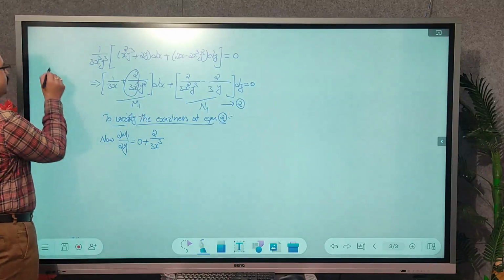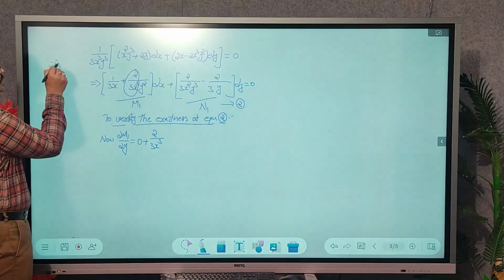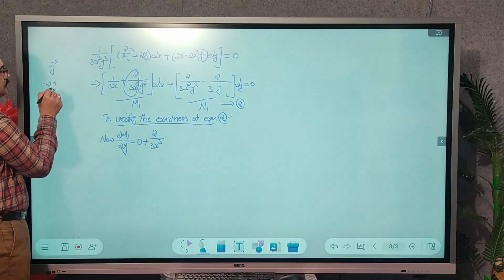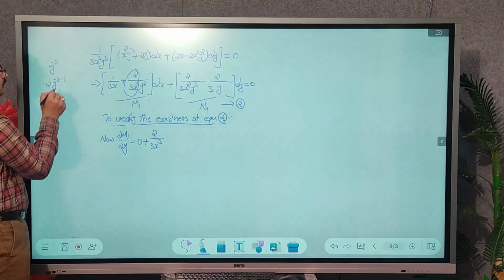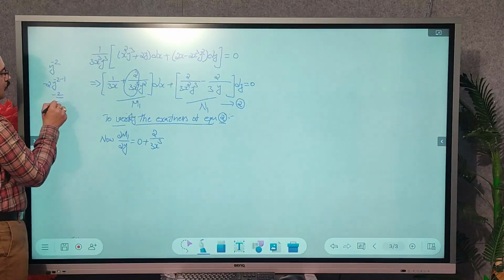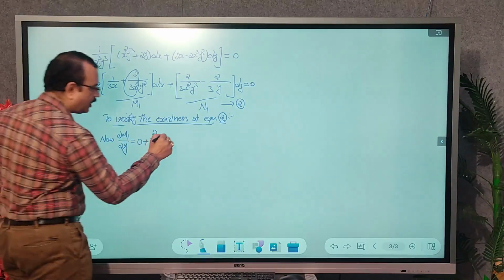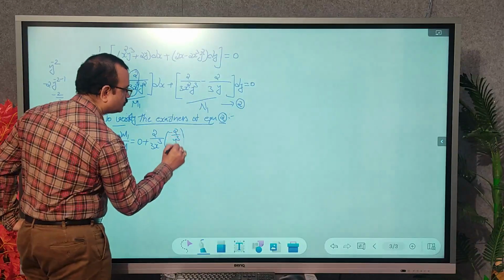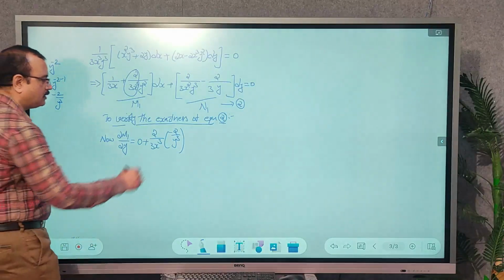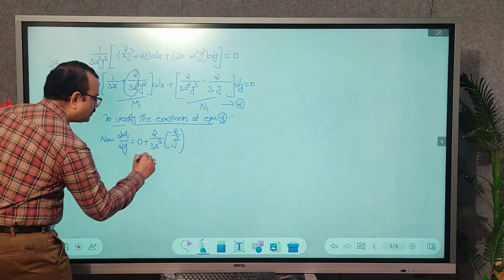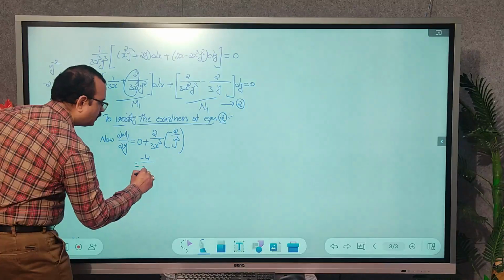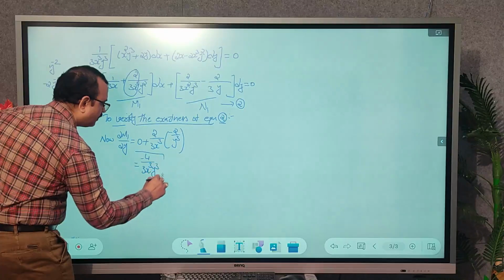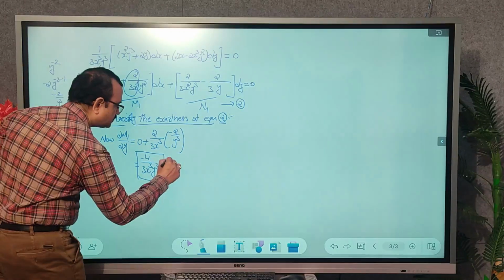What is the derivative of 1 by y square? 1 by y square means y power minus 2, and the derivative of y power minus 2 means minus 2 into y power minus 2 minus 1, in the sense minus 2 by y cube. So that is the derivative of 1 by y square. So here we will get minus 4 by 3 x cube y cube. That's dou M1 by dou y. So you can take it as equation C.